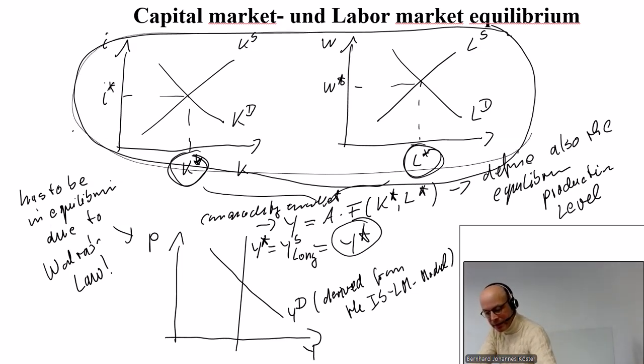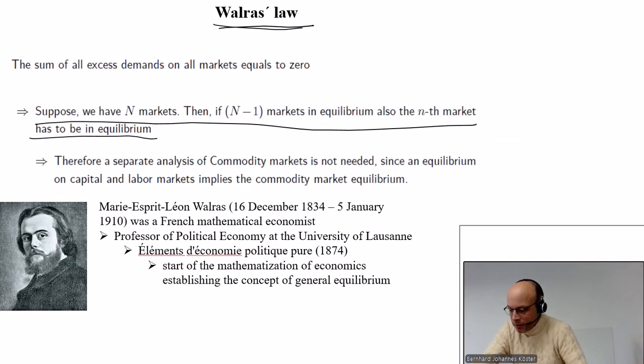From this we concluded, from the so-called Walras law, that if we have an economy with fully competitive and functioning markets, especially with totally flexible prices, then from the concept of general equilibrium we can deduce that if almost all markets are in equilibrium, then the last market has to be automatically in equilibrium.